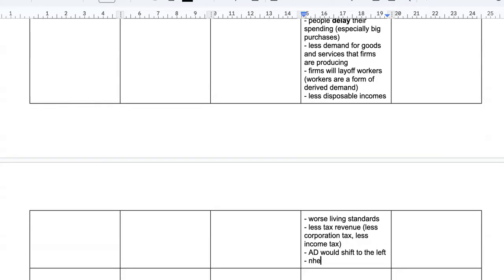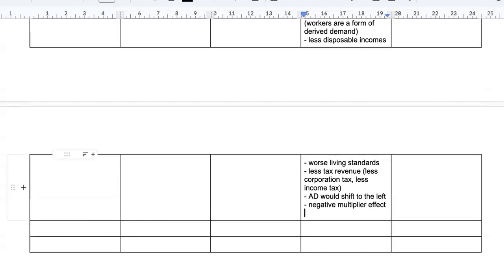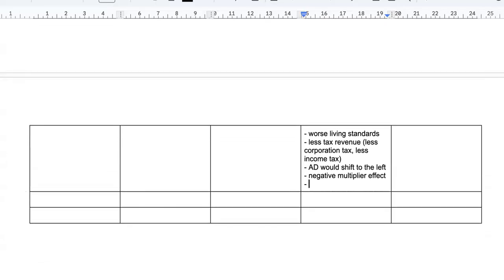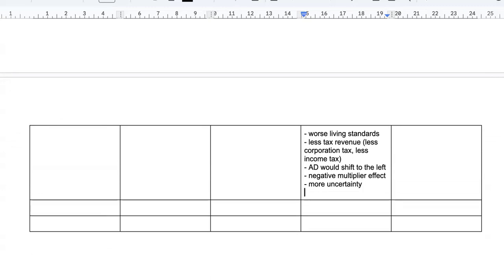A negative multiplier, again, we're going to learn about that. And then that's only going to cause more deflation, more uncertainty, more deflation. Or that's what Niraj said, deflation. What do you say, spiral? Deflationary spiral. That's it.